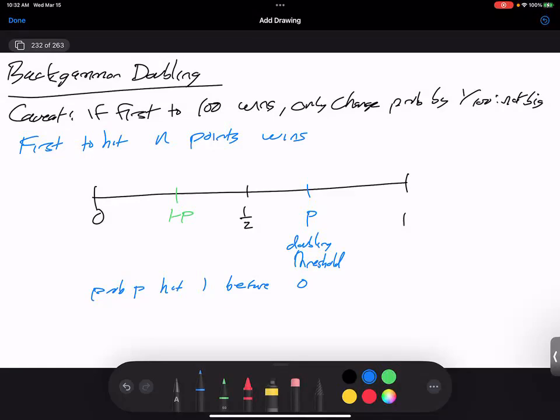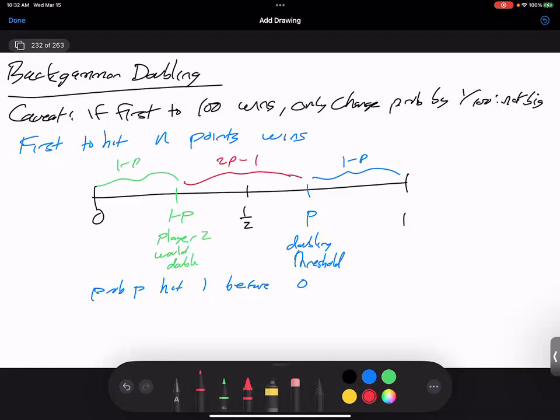Once we hit 1 minus P, now all of a sudden, this distance is 1 minus p. This distance here is 1 minus p. So by symmetry, if we fall down to 1 minus p, player 2 would double. And we don't have nearly enough colors over here. This is going to be 2p minus 1.